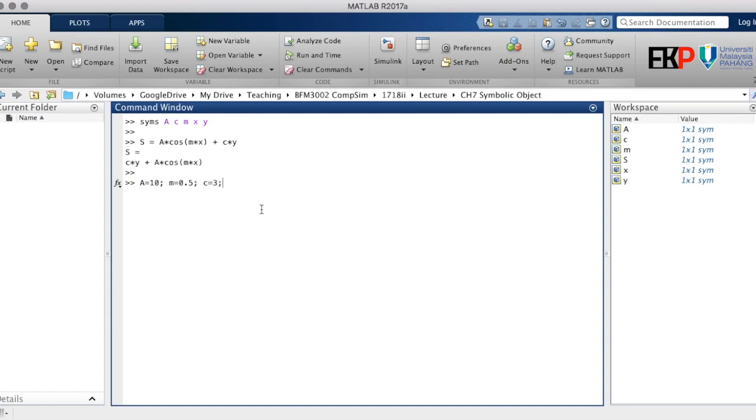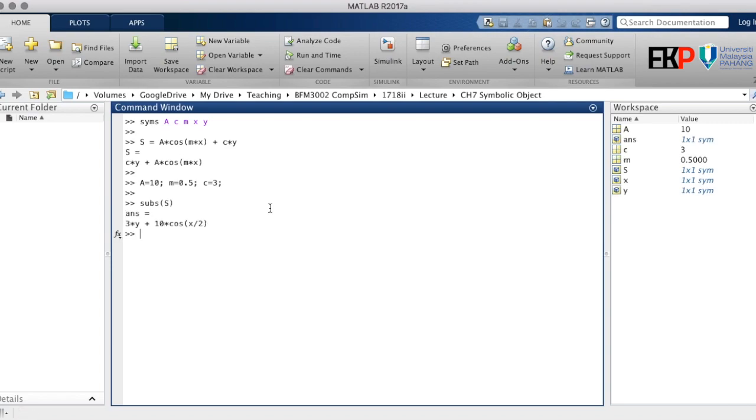So we define three numerical values for these symbolic objects a, m, and c. We press enter, and we simply type in subs of s without defining the variable inside the bracket. So we define the variable before we type in the subs command.